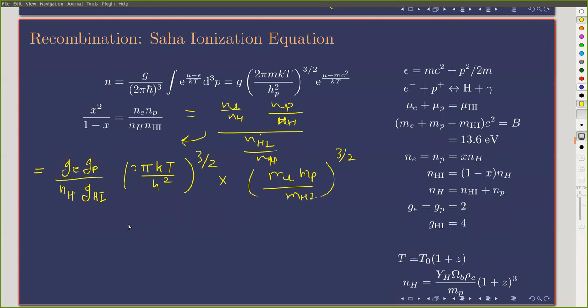And this one is going to be an exponent. This is the chemical potential of electron plus the chemical potential of proton minus the chemical potential of neutral hydrogen. So this turns out to be 0. But finally, the mass of electron plus mass of proton minus the mass of neutral hydrogen, times c squared.